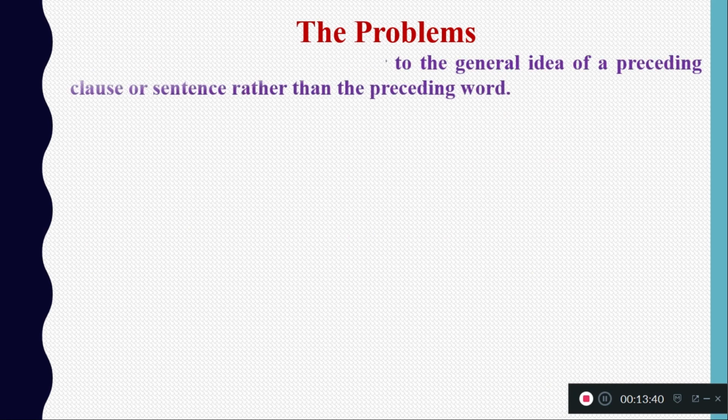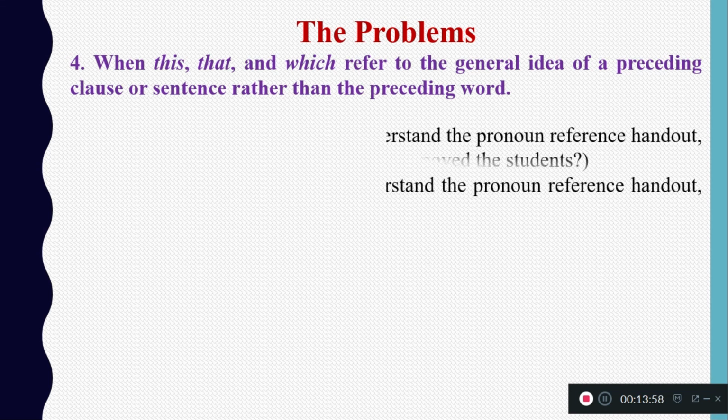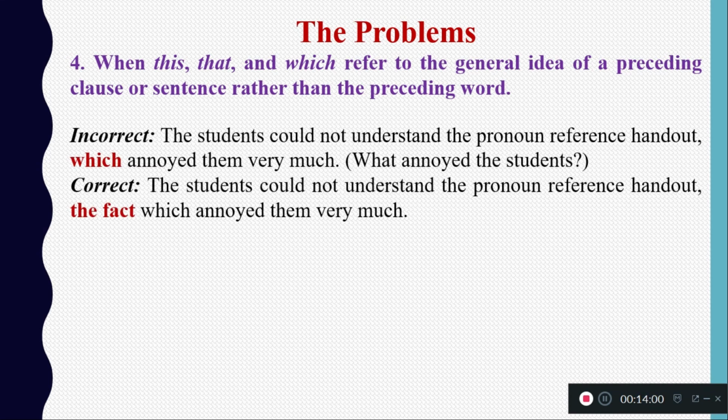Finally, you may face difficulties when these, that, and which refer to the general idea of the preceding clause or sentence rather than a preceding word. You know, a pronoun stands for a noun. However, these, that, and which sometimes refer to the general idea of the previous clause rather than any specific noun.